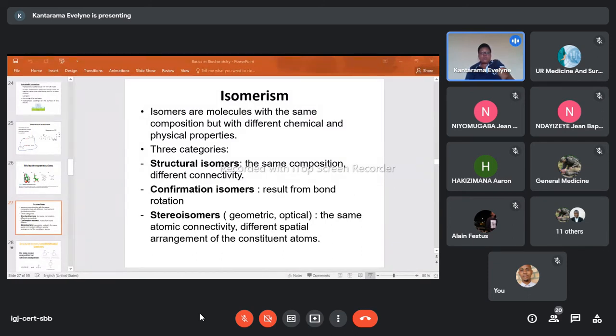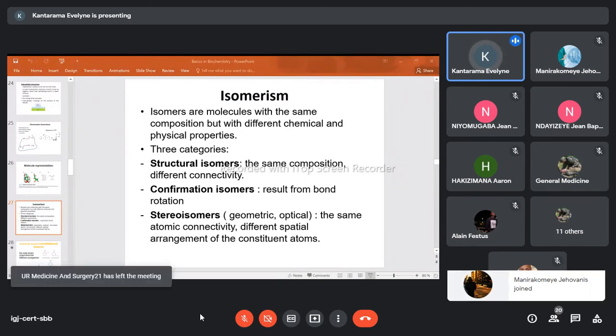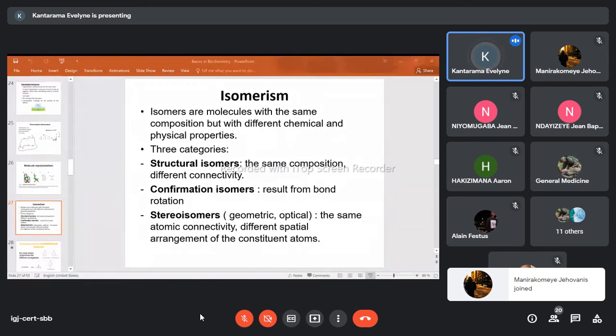You may have functional isomers where, in the abbreviated formula, you have carbon, hydrogen, and oxygen, and from that formula one can make an aldehyde, another an alcohol, another a ketone. The aldehyde and the ketone have different properties. So isomers have the same chemical composition but different chemical and physical properties.